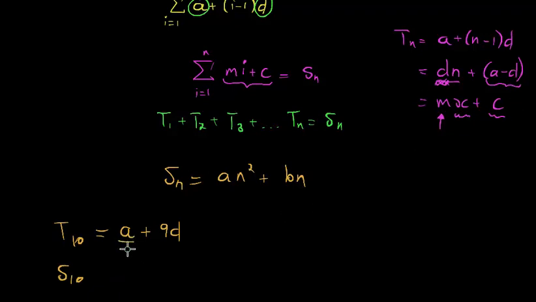We need the first term. Now, this A is not the same. They're not the same A's. Okay. So let me just call this blue A and blue B. So they don't have anything to do with this A and D. Okay. So I need the first term, and I need the constant difference.